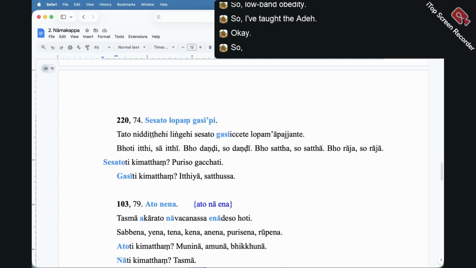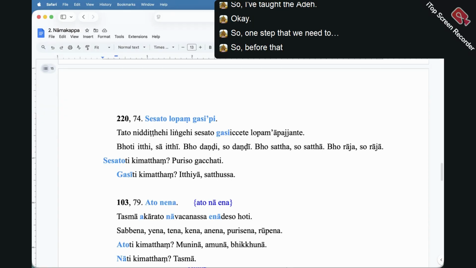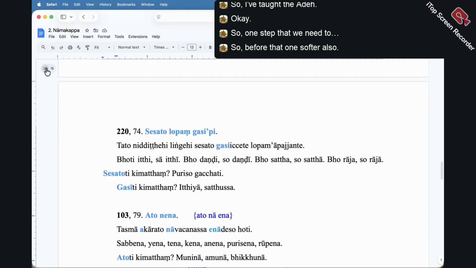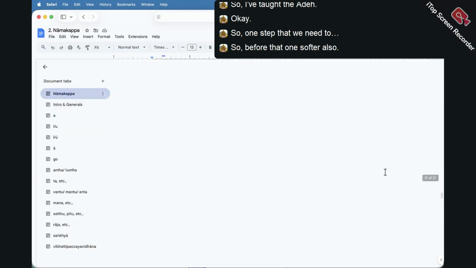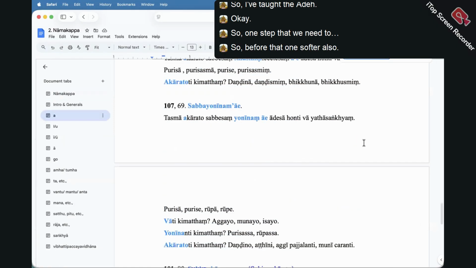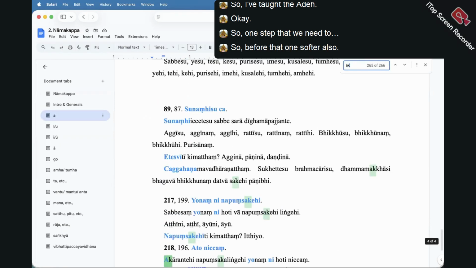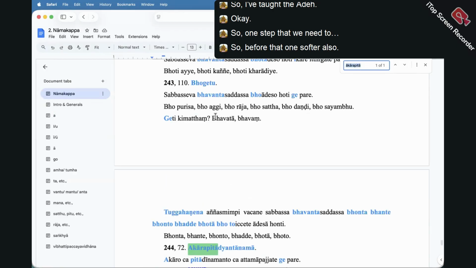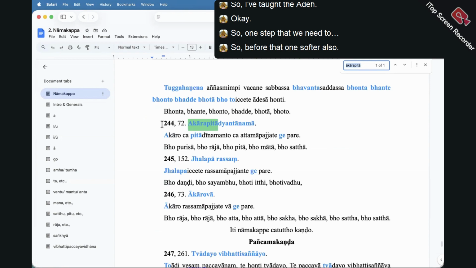One so that we need to. Sorry, before that one so that also. Yeah, this sutta also we need to know.